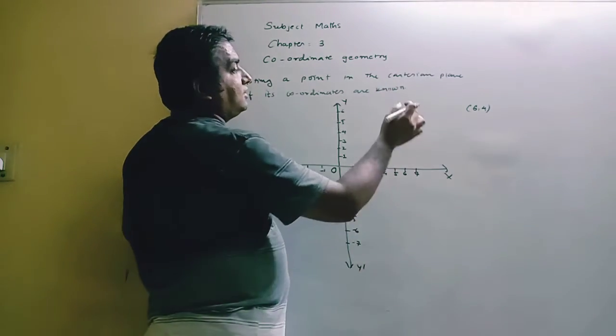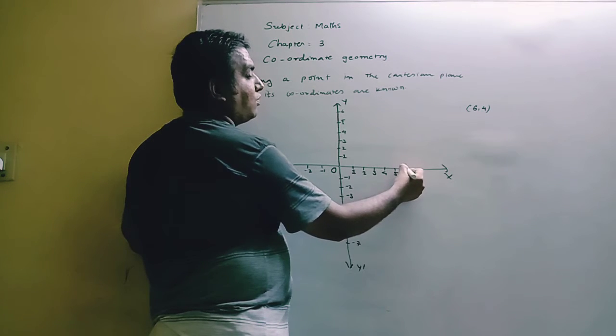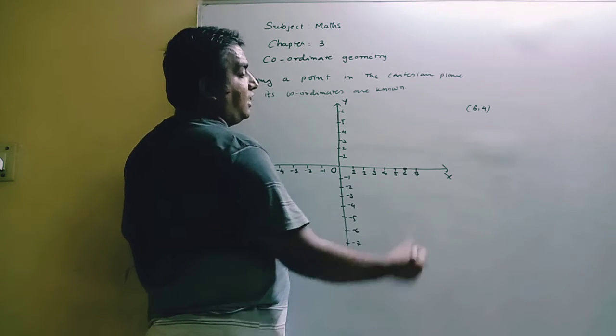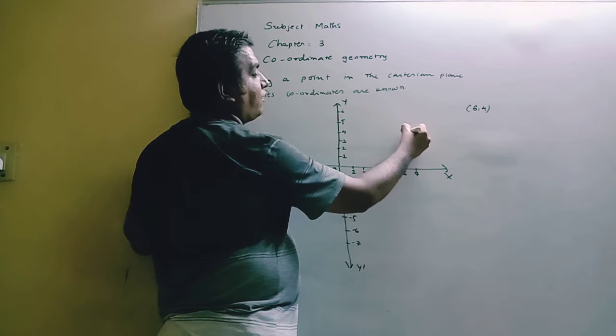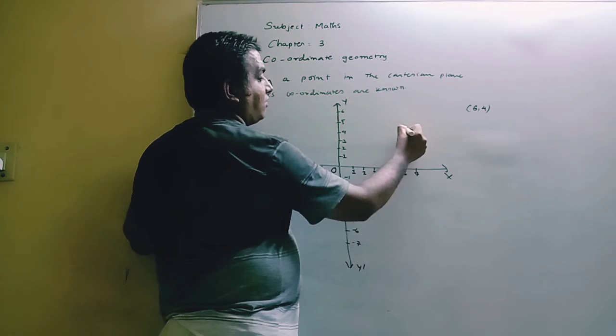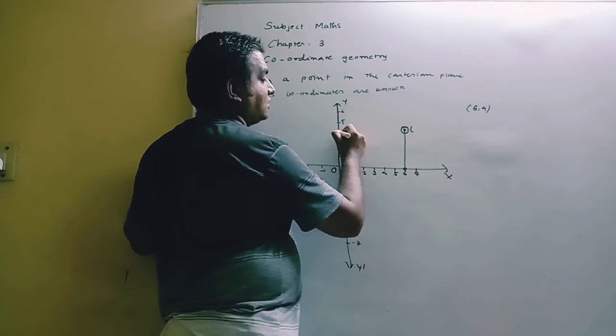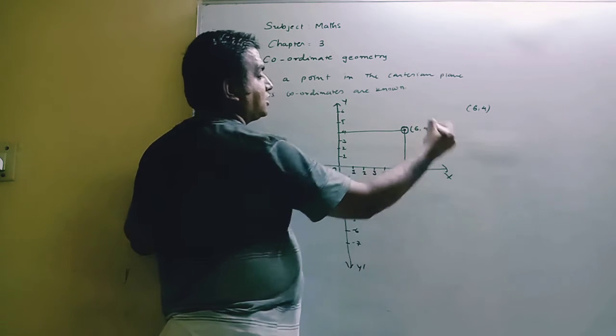So it means the point is 6 units in the positive direction of the x-axis, and from there we go 4 units in the positive direction of the y-axis. Wherever we get the point, like this way we draw the perpendiculars. We get the point. That is the representation of 6, 4.